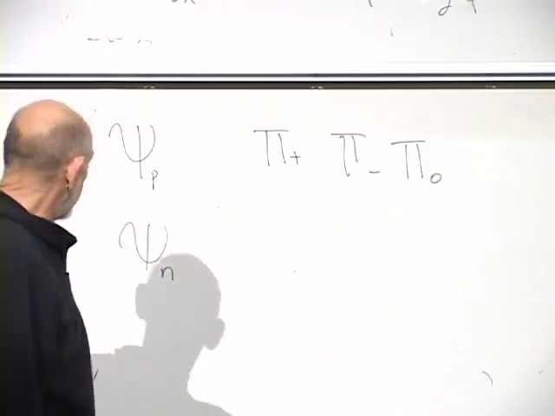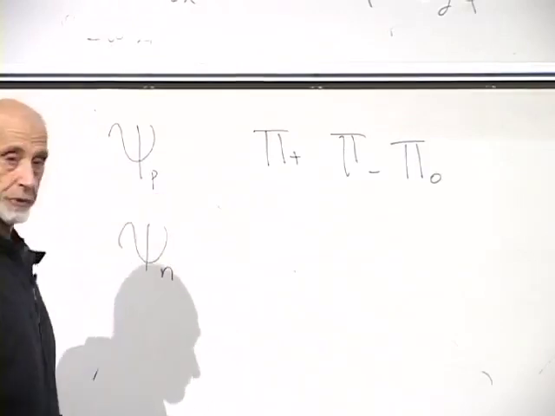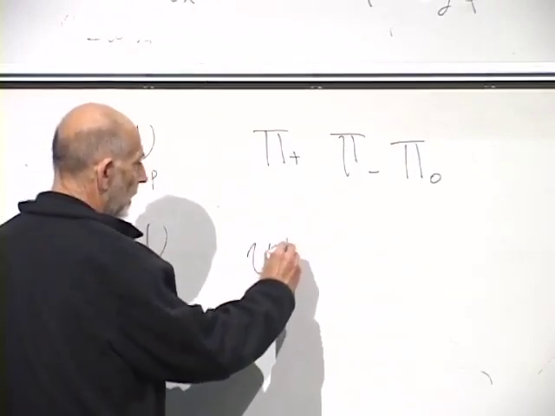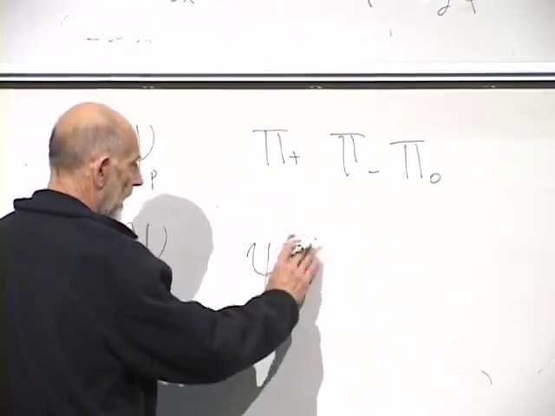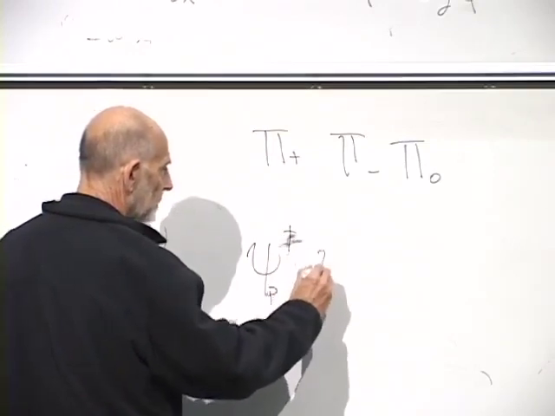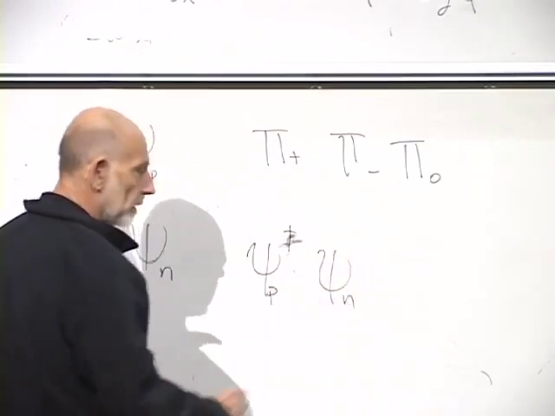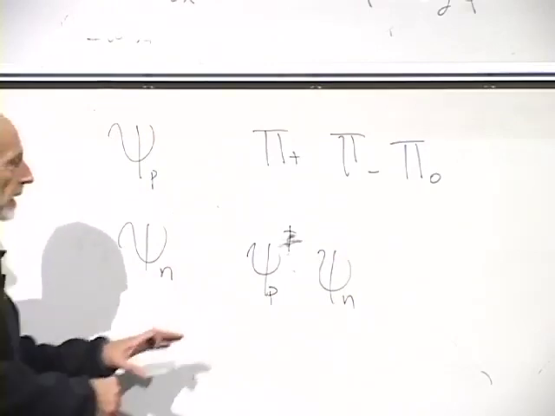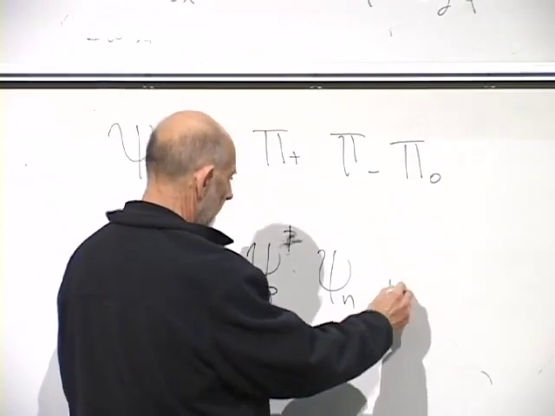Okay? So let me give you examples of some interactions which do occur in nature. There's a psi dagger proton, psi neutron, let's see now. This absorbs a neutron and creates a proton. What do we have to put here? A pion.